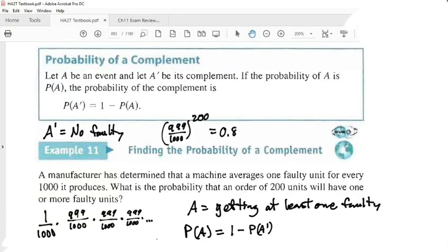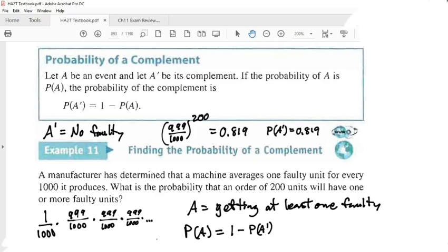So we get 0.819. That's the probability in decimal form, not percent form, of getting no faulty units. So we can write this now. We can say the probability of getting no faulty units is 0.819. Now if we wanted to make it a percent, you just have to multiply it by 100. So it's an 81% chance that you would get absolutely no faulty units.